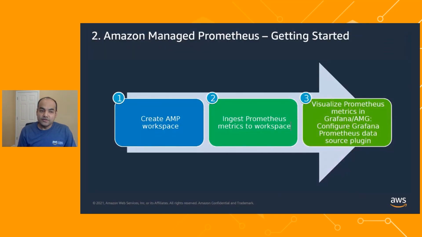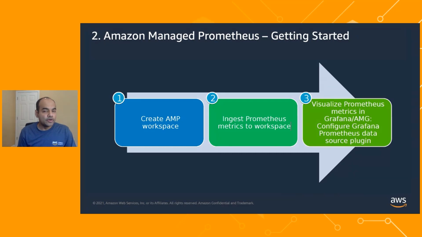Amazon Managed Prometheus makes it very simple for our customers to use Prometheus. To get started, all you need to do is create a workspace, have Prometheus ingest the metrics into that workspace, and visualize them on tools like Grafana.